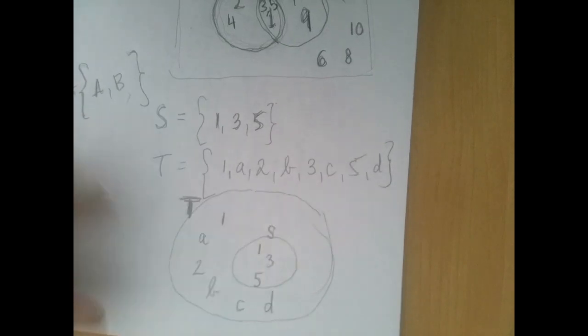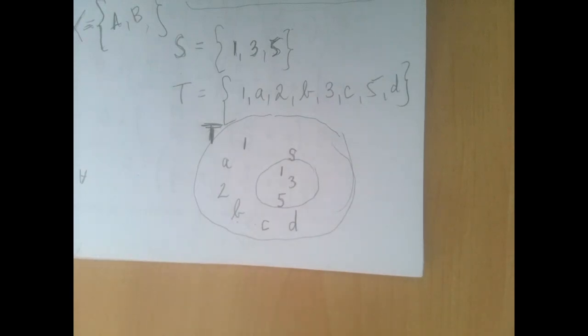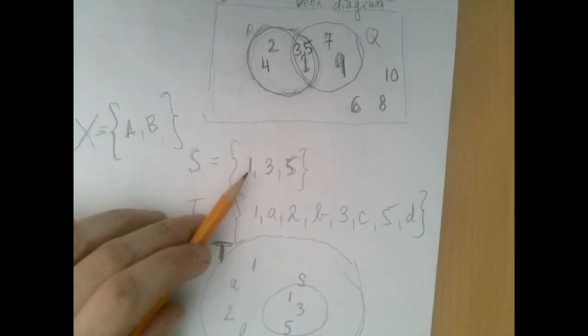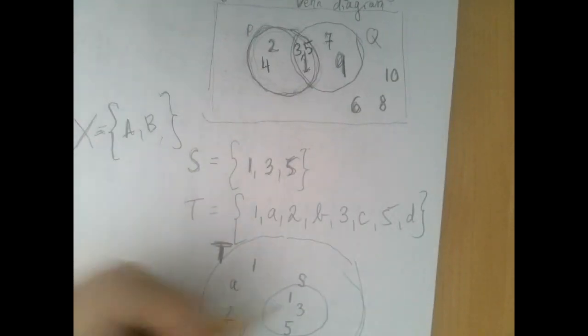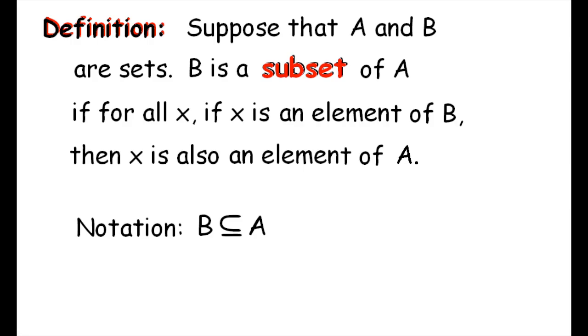Now, notice that this is different from a Venn diagram because these two circles have a very different relationship. One is completely inside another. Indeed, anything that's in S is also in T, which is why drawing this picture was possible at all. And when that happens, we say that the one set is a subset of the other.